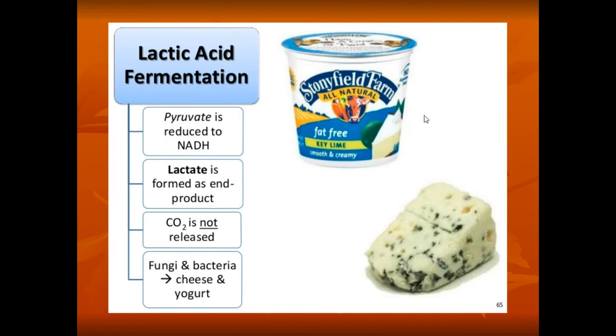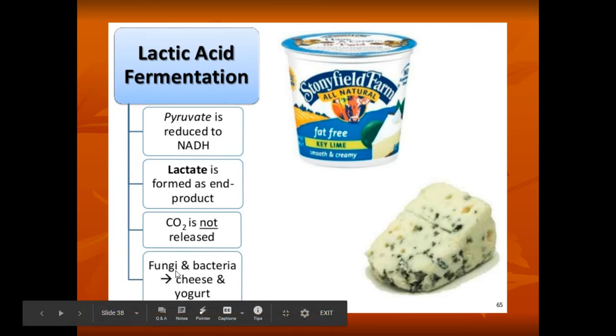So there you go. Pyruvate is reduced to this molecule, lactate is formed, CO2 is not released during this, and then we use fungi and bacteria to make cheeses and yogurt. Okay.